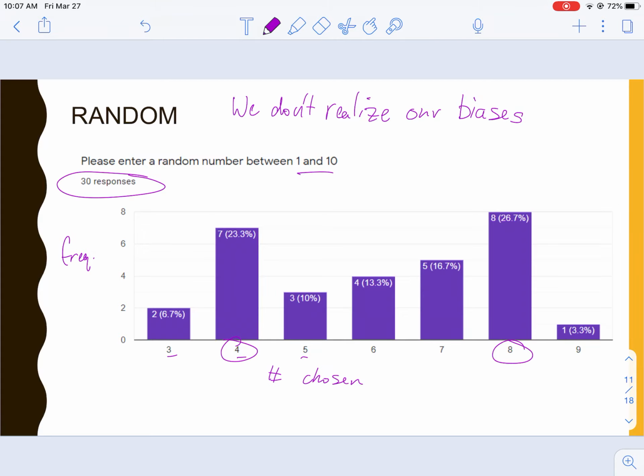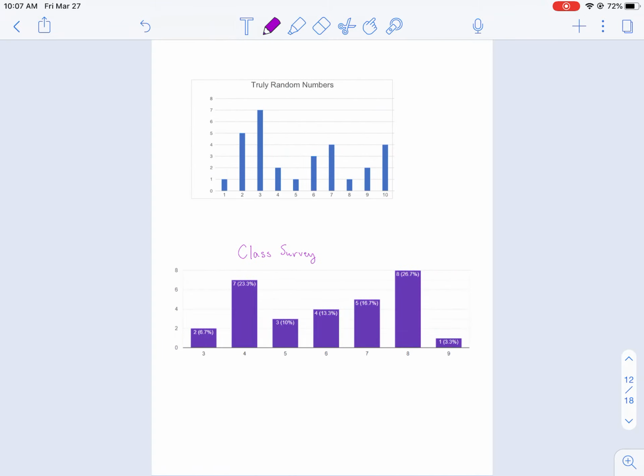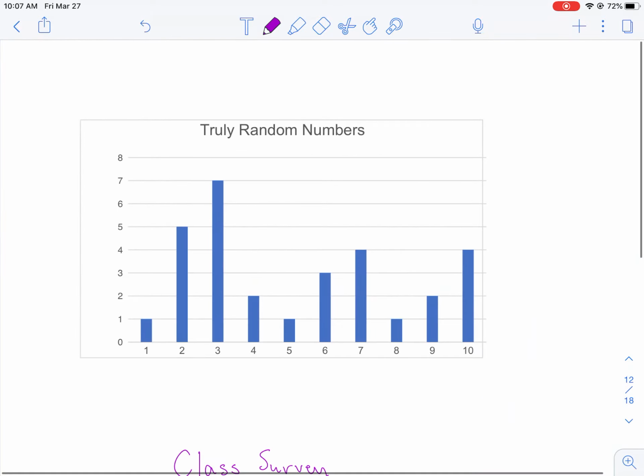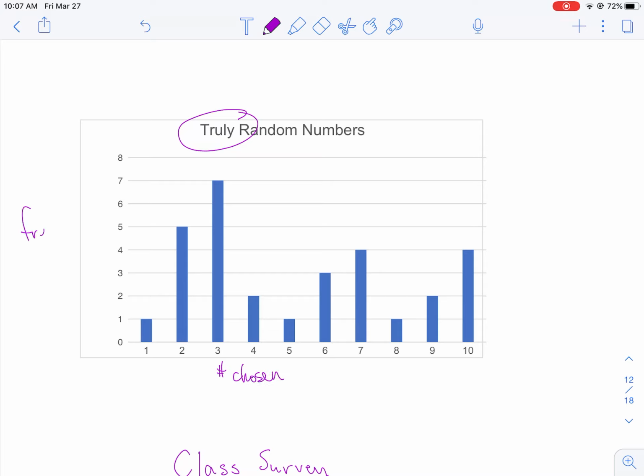Now, maybe not. What I've done is I actually did this using Excel, and this is truly random. And you'll notice these aren't all the same height either. Excel, even though it was truly random, chose the number 3, sorry, that's frequency, chose the number 3 7 times.